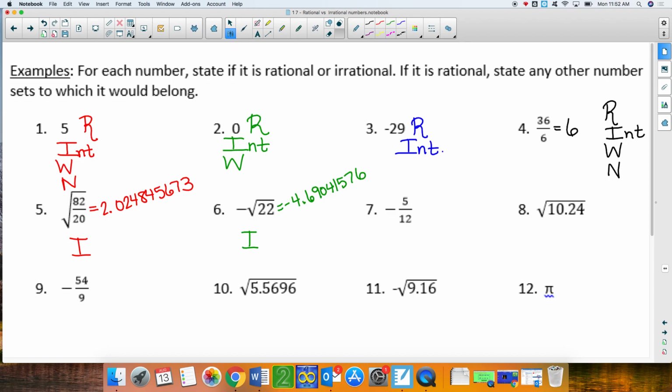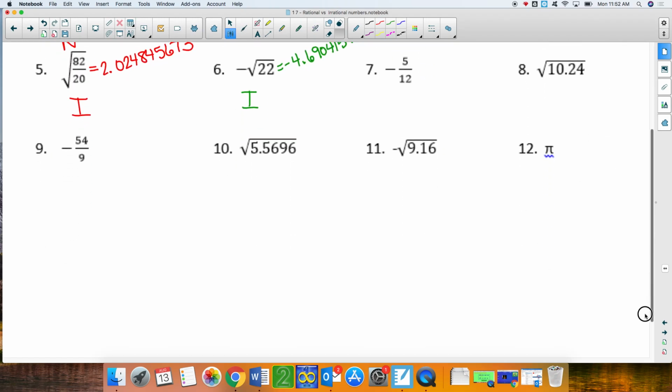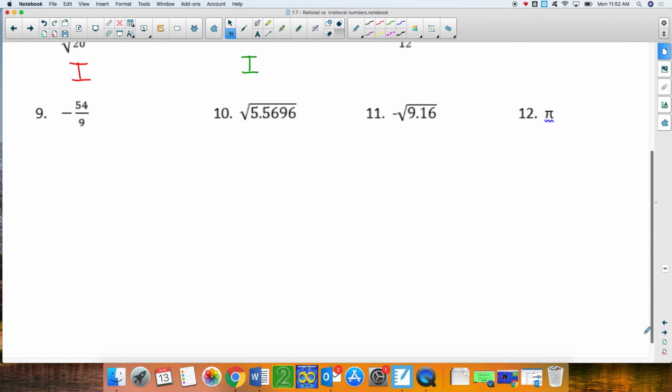Okay. And you guys really need to be trying this on a calculator because you need to know how to do square roots and how to do fractions on your calculator. So let me just touch base with you really quickly. If you're looking at your calculator, you're going to have a button on your calculator, and the ones in my room have an x squared button. And then above it in blue, you will see this button, okay?